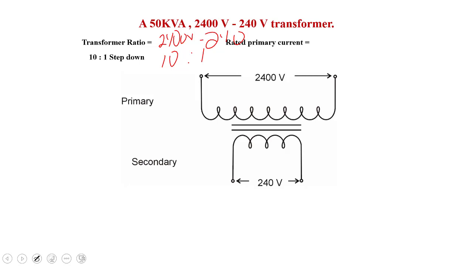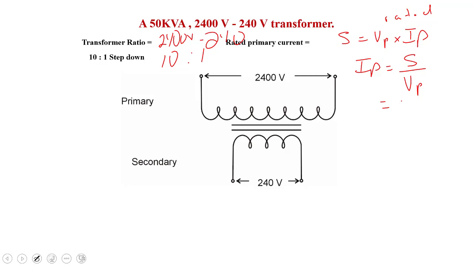Rated primary current. Okay, so we know that the S of the transformer, and specifically the primary, is going to be equal to the primary voltage times the primary current rated values. So if I wanted to figure out the I primary, I take the apparent power rating of the transformer and divide it by my rated primary voltage.